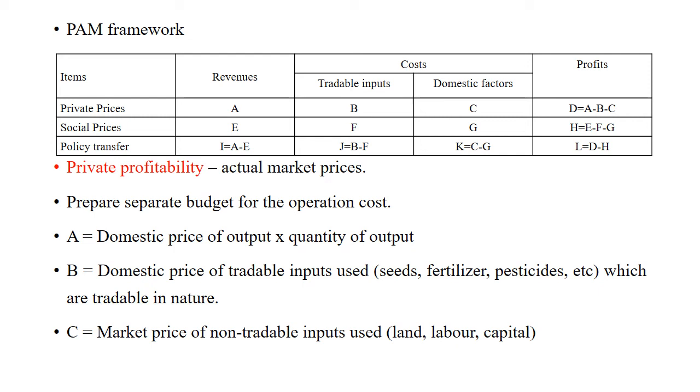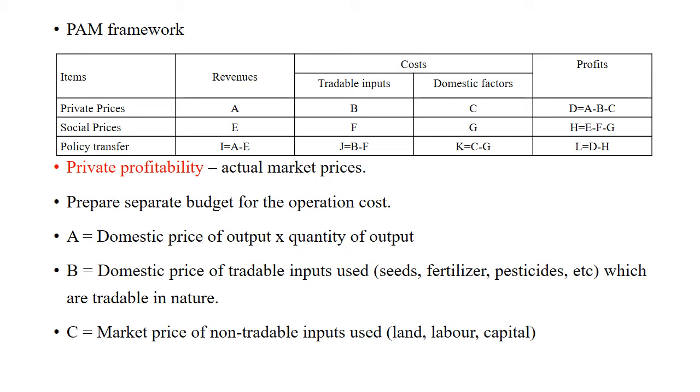So we are classifying the cost into tradable and non-tradable cost. Taking agriculture production, the tradable inputs are seed, fertilizer, pesticides, etc., which are tradable in nature. And C is the market price of non-tradable inputs, which are land, labor, capital, etc. So we are segregating the cost of production into tradable inputs and non-tradable inputs.